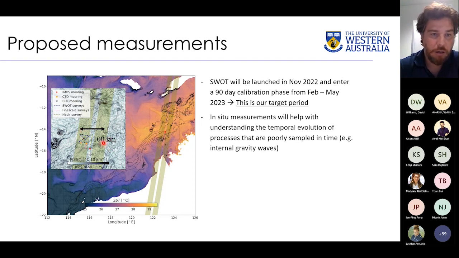So zooming in here, what we're planning to do is putting out moorings and doing ship-based data, like that ship-based ADCP data I showed earlier, and basically to try and use that in situ data to help understand the temporal evolution of some of the processes that are poorly sampled in time by the satellite. So in particular, these internal gravity waves.